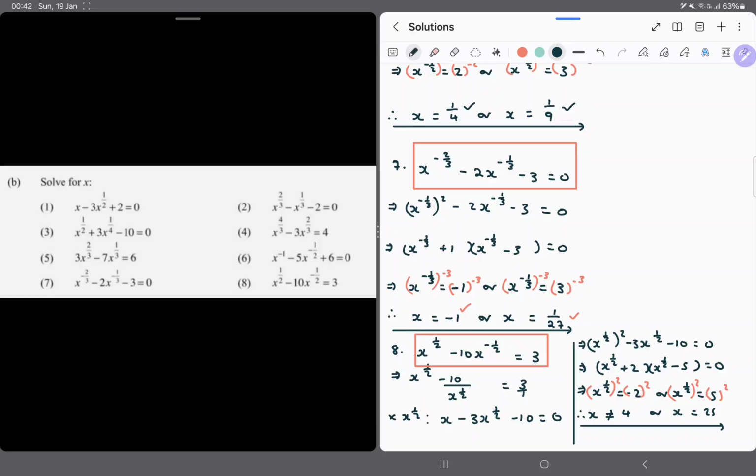If it doesn't work out, it means something is not right. I'm getting minus 3. Wow. Okay, let's see the other one.